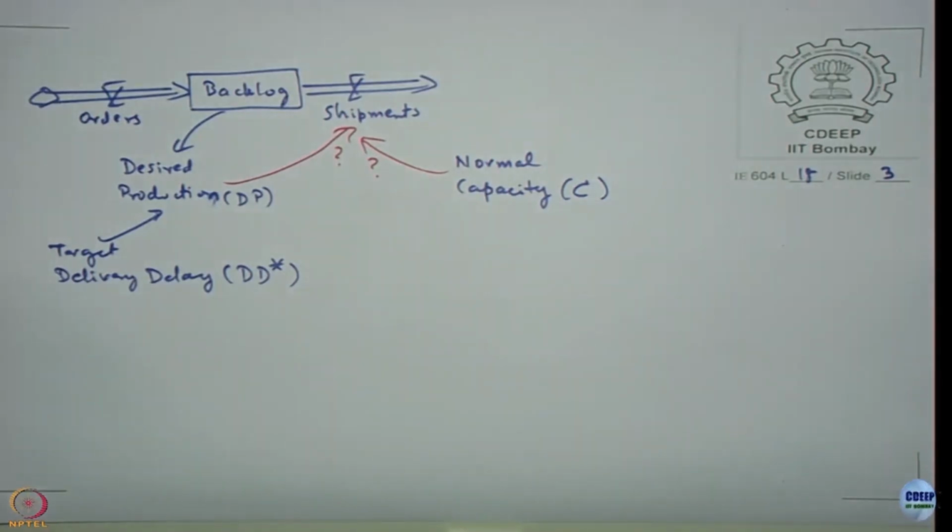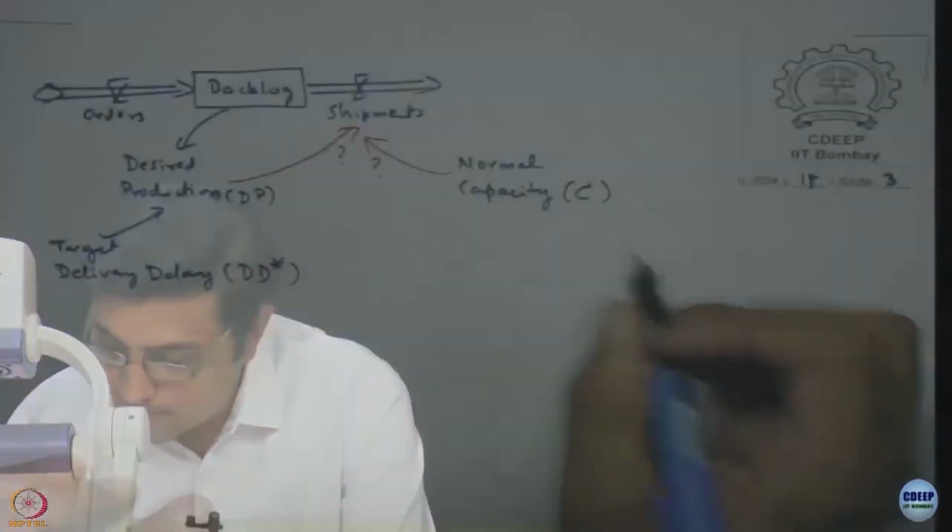If you want to measure the actual delivery delay, then how will we do it? How will I compute it? Target delivery delay is an input given. How will I measure the delivery delay, analytically or by simulating it? Yes, backlog divided by shipments should give you the delivery delay, right?